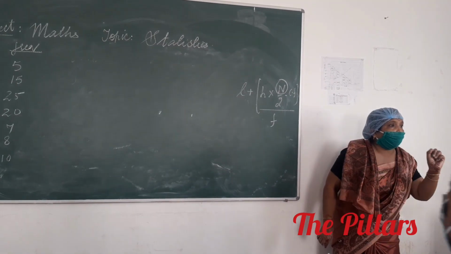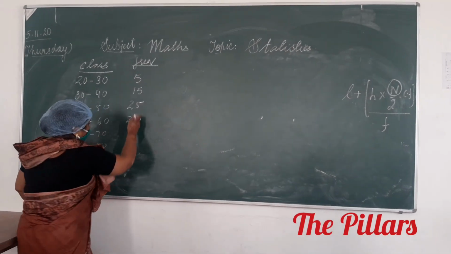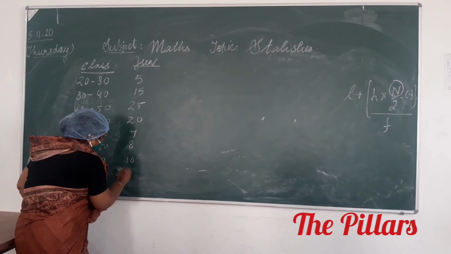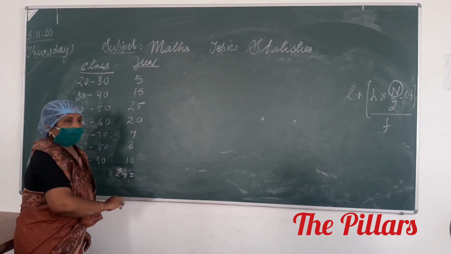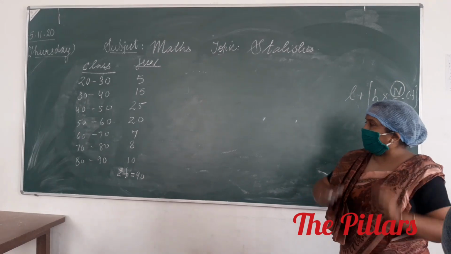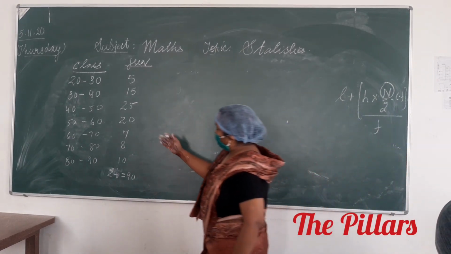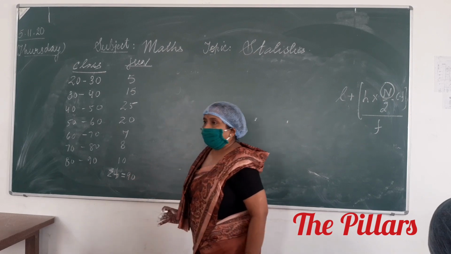Sum of all frequencies. If it is the sum of all frequencies, at the bottom of this column, find out the sum of all frequency. I think this is 90. Check it. Add it. Sigma F is 90.